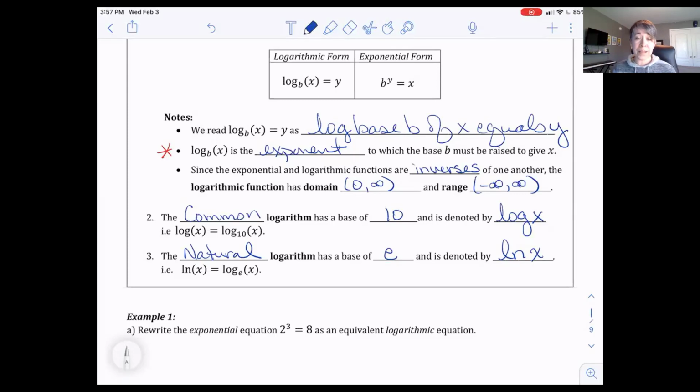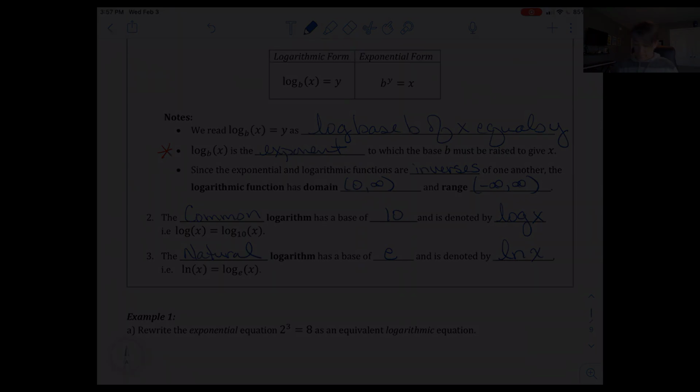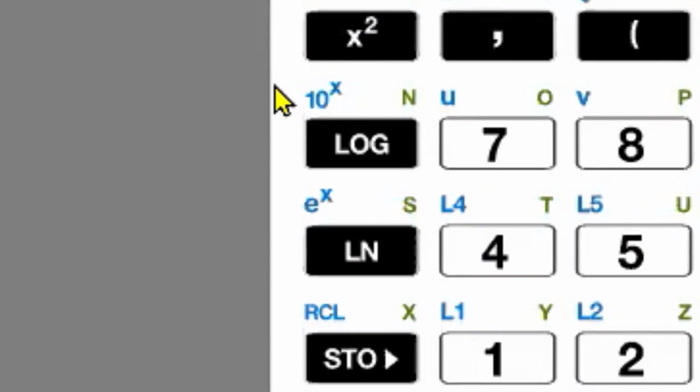Now, I want to show you guys something on your calculators. So if you look on the left-hand side here of your calculators, you see the log and you see the ln, but look at the second function that's noted above each of those buttons. On top of the log or the common log button is 10 to the x.